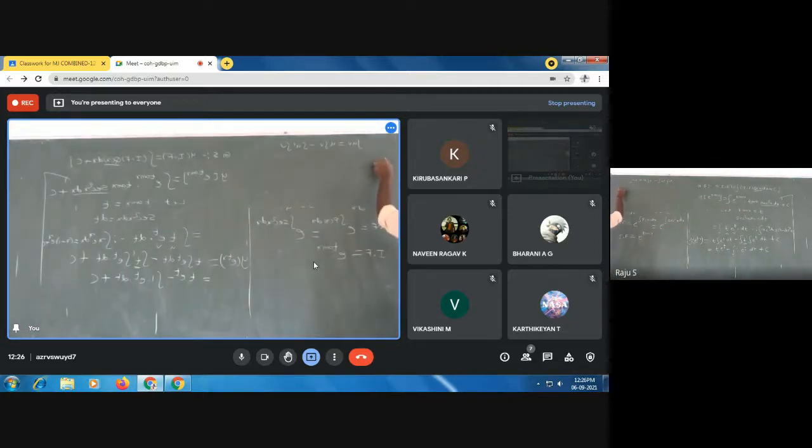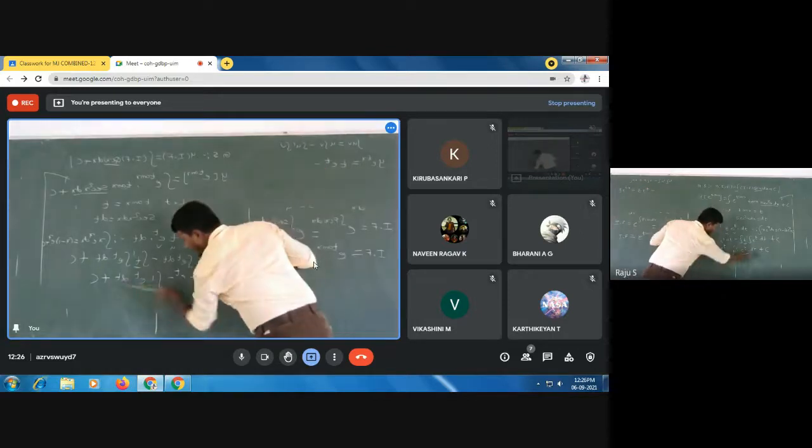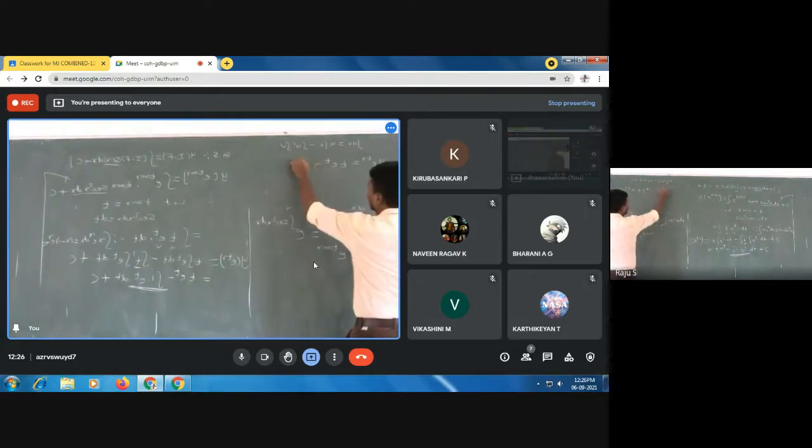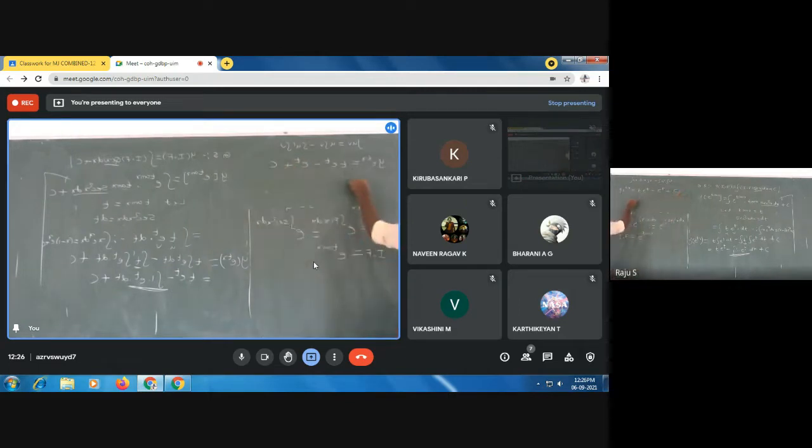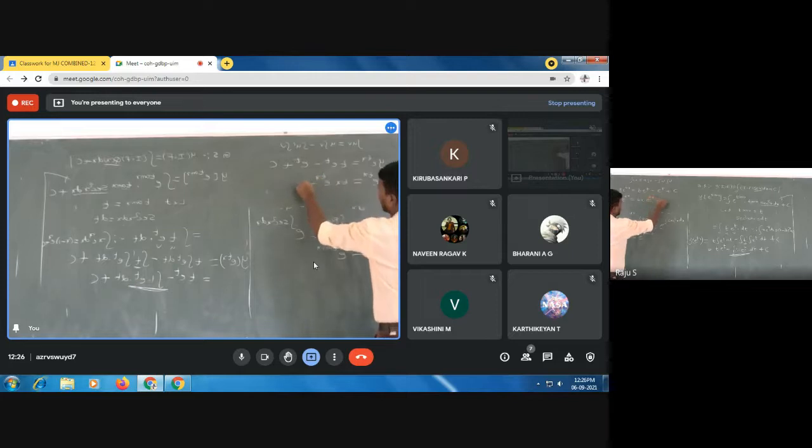So y e power tan x is equal to t e power t minus. Okay, students, what is again integral e power t? e power t plus c. So at last we place tan x, y e power tan x, e power tan x minus tan x plus c.